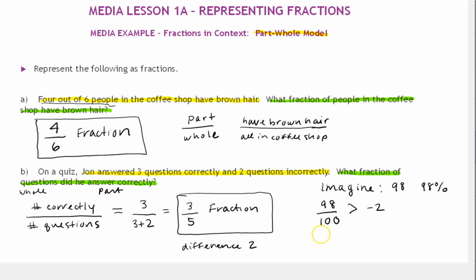You'd have to get another 95 questions in a row, every single one of them correct, if we think about it having 100 questions. Okay. So getting 2 wrong on 100 questions is a lot better than getting 2 wrong on 5 questions.